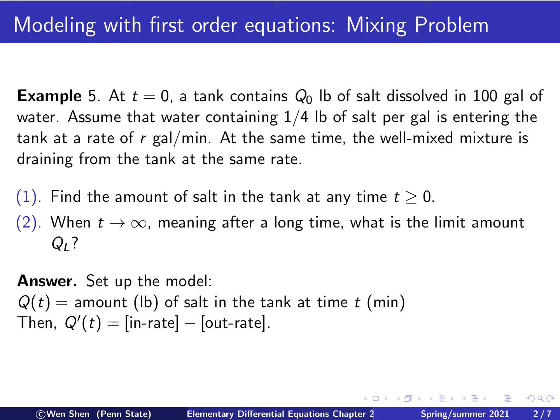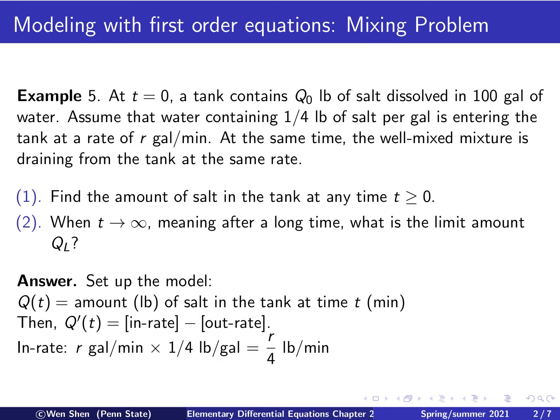So the rates of the mixture flowing in and out are the same, but the rate of salt being brought in and the rate of salt leaving the tank are different. So the rate of change for Q would be the flowing in rate, we call it in rate, and the rate it's flowing out, we call it out rate, with a subtraction between them.